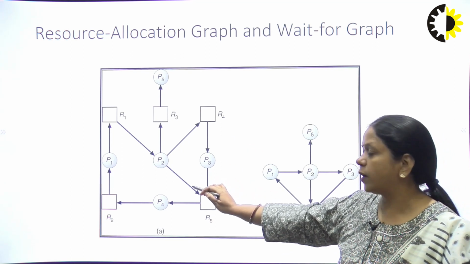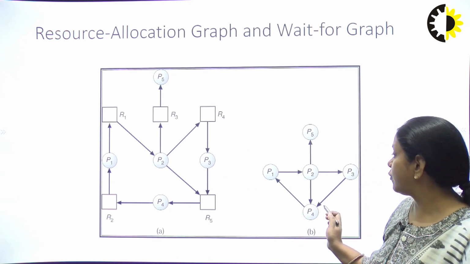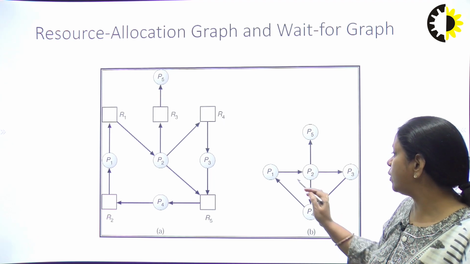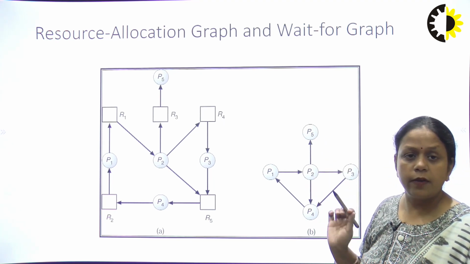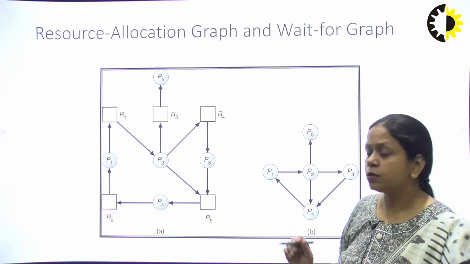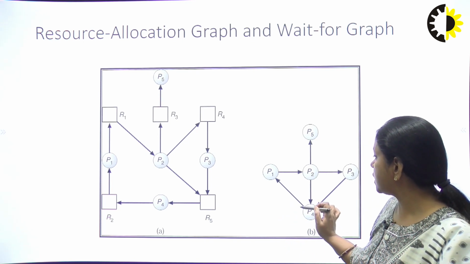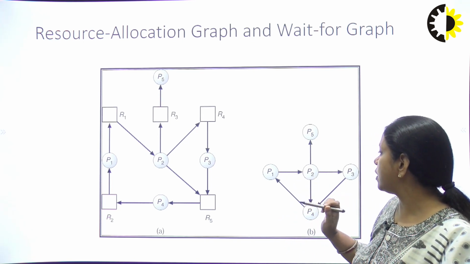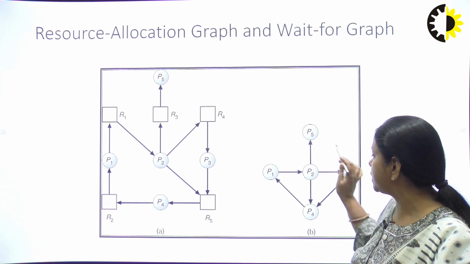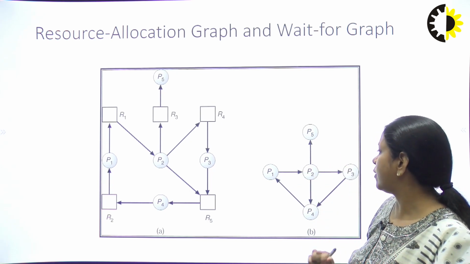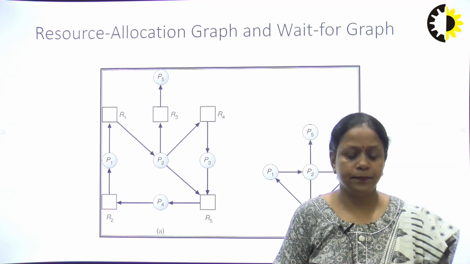From the resource allocation graph, we can derive this wait-for graph. In this graph, only processes are visible; we do not have resources here, so we can see which process is waiting for which process.